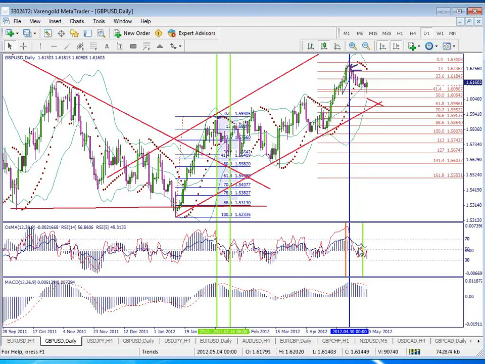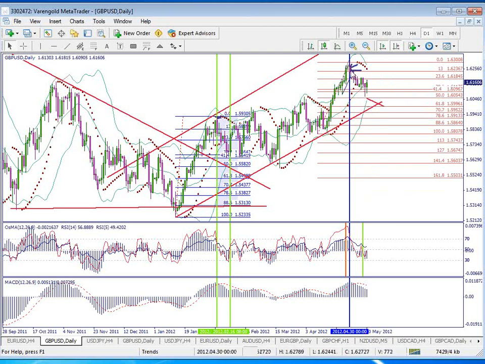On pound, we had that signal on daily for sell, and still we are waiting for the pair to reach the inferior line of the channel, and after that to see the new evolution. The pair touched the 50 level just for a short period and reversed to 23.6.